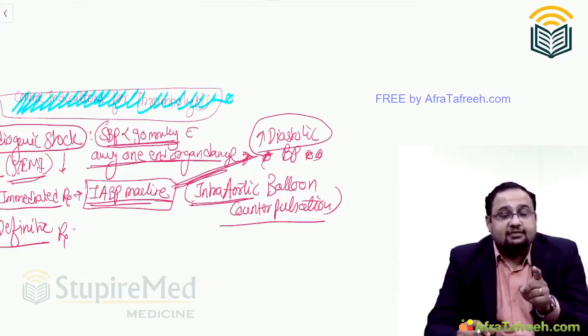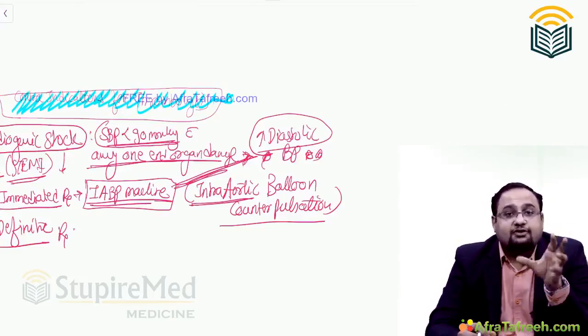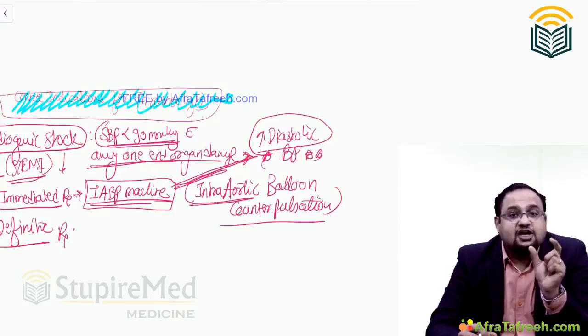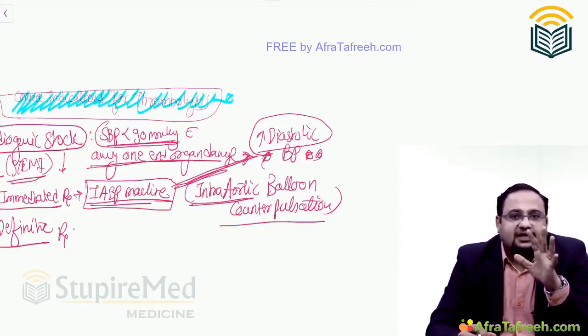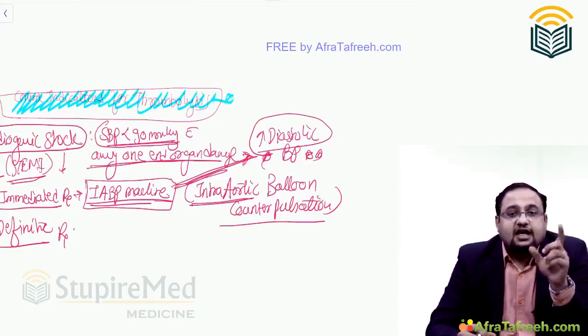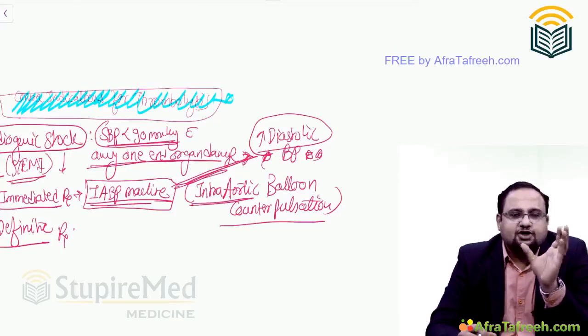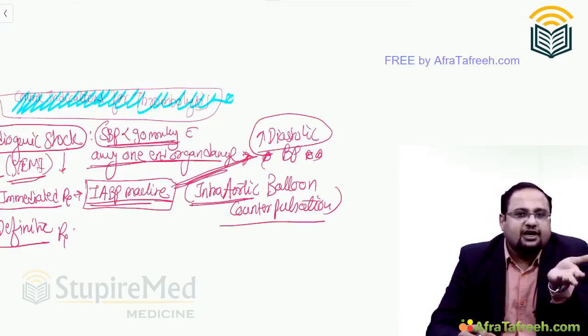Friends, remember I told you the concept of transcoronary perfusion pressure. That is the pressure at which the coronary artery blood supply is maintained. It is the difference between the diastolic blood pressure of the aorta and the left ventricular filling pressure.